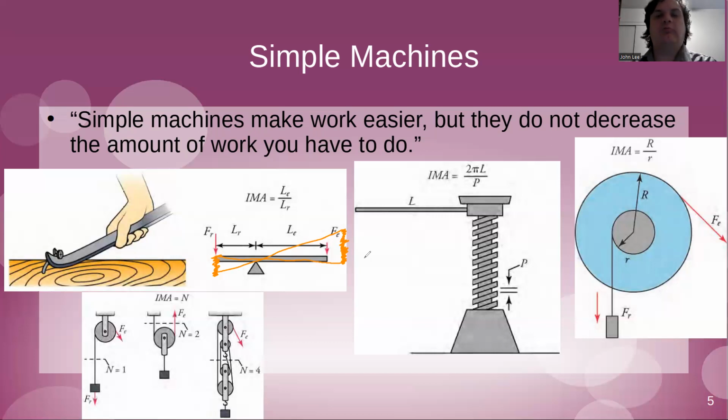And then what is happening in the rest of these is also just different types of levers. So this is an axle on the right-hand side. The axle increases the distance you have to rotate the big axle around, or the distance you have to create an amount of work that you have to do.